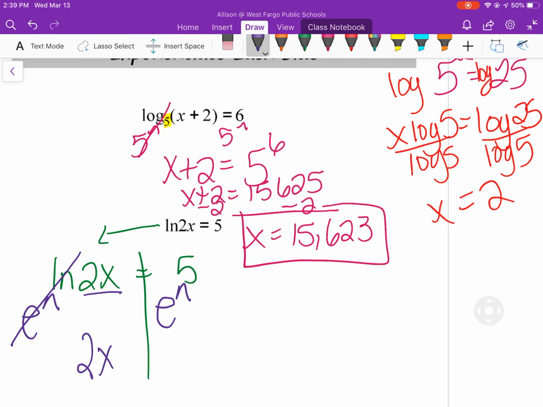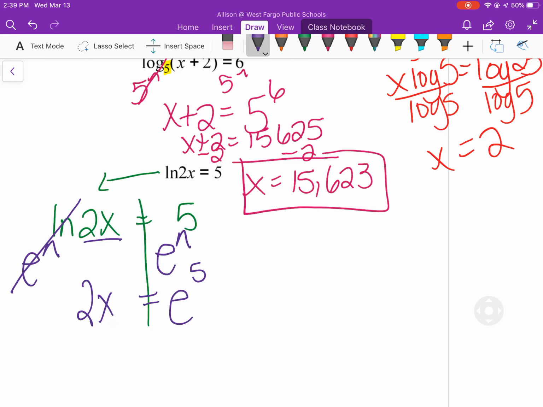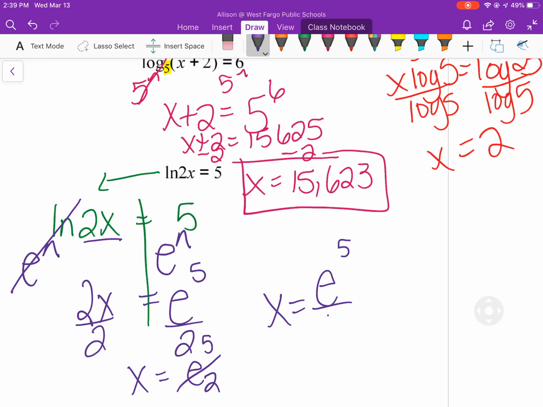There's 2x, so just this is left. And e to the 5th is irrational, so it's kind of like pi times 5. It's a decimal, but it's e to the 5th power. So that's 2.71 to the 5th power. So I can just leave it as e to the 5th, divide that by 2, and we get x equals e to the 5th divided by 2.